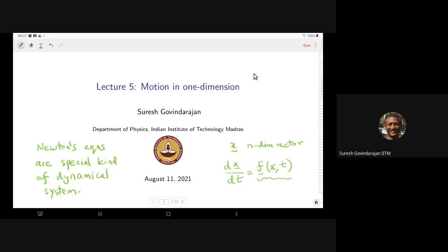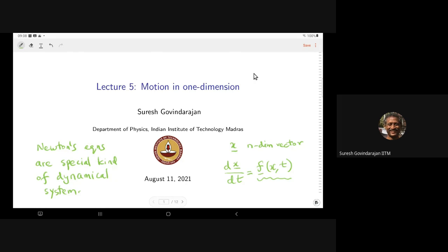Okay. And one might wonder, does this mean that by studying Newton's equations, we are losing out a lot? The most interesting thing is that a large family of systems at a fundamental level are of this kind. We'll generalize Newton's equations to something called Euler-Lagrange equations or Hamilton's equations of motion.